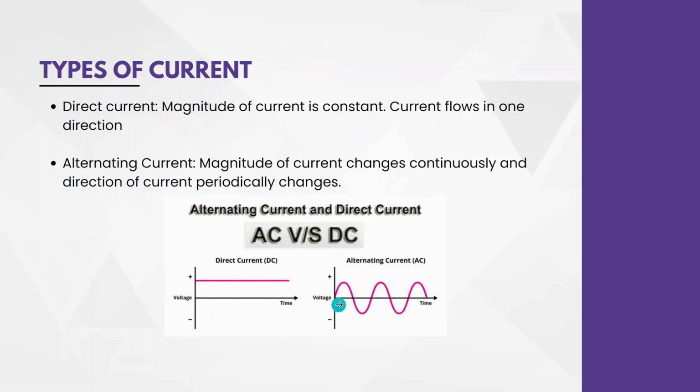If you consider from this period to this period, at every instant of time, you can see the magnitude increases, it reaches a peak value and then it decreases. Then after this period over here, it reaches the negative wave. So like this, alternating current keeps alternating, whereas direct current will have a constant magnitude and only one direction.